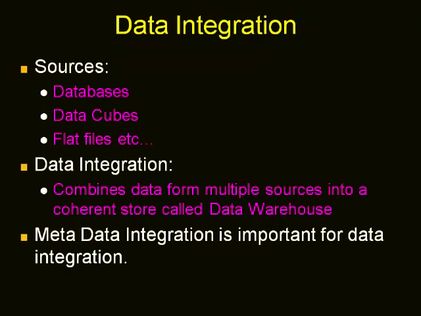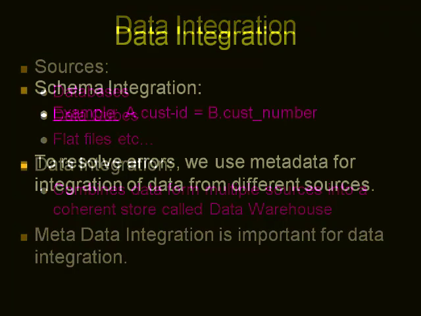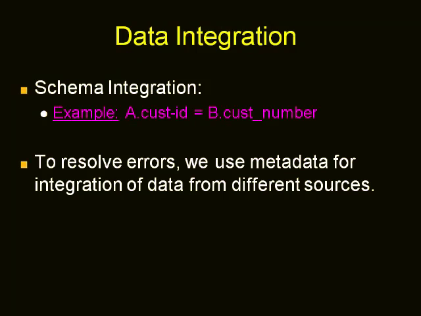While integrating the data, we first use the integration of metadata, which we call schema integration. For example, different names can exist across two different sources for the same attribute.